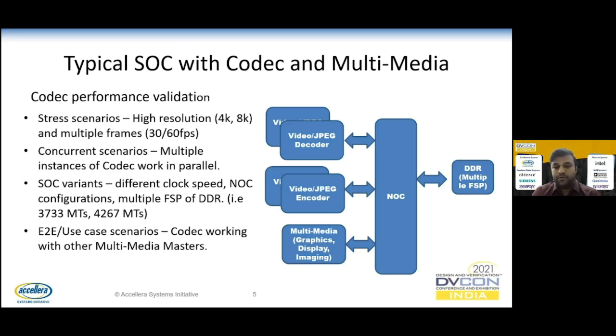So we end up with lots of software use case scenarios involving our codec with a lot of multimedia blocks present in our SoC, which means multiple SoC level use cases.